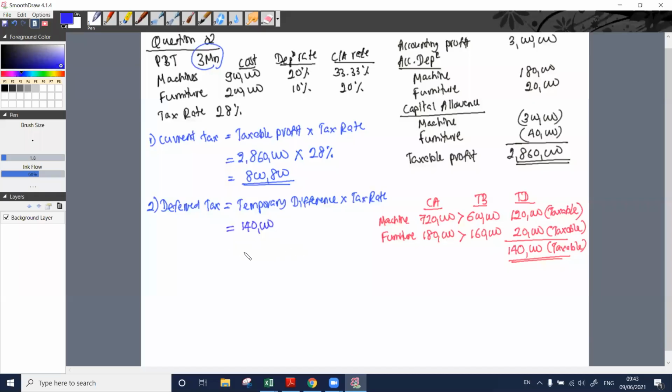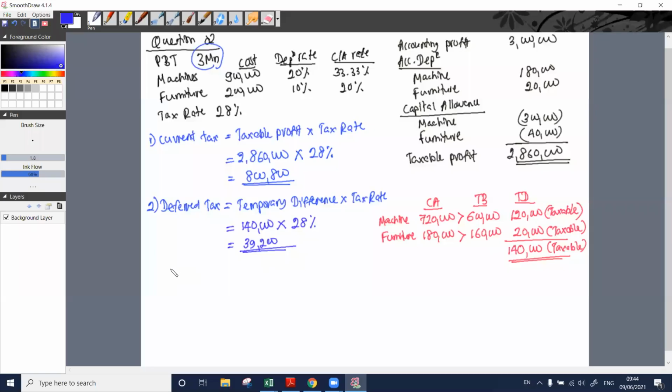It means we will have a deferred tax payable amount worth 39,200. Deferred tax expense, right?